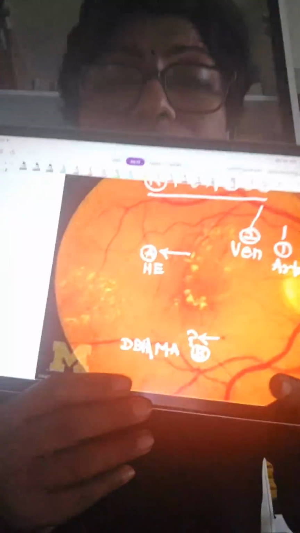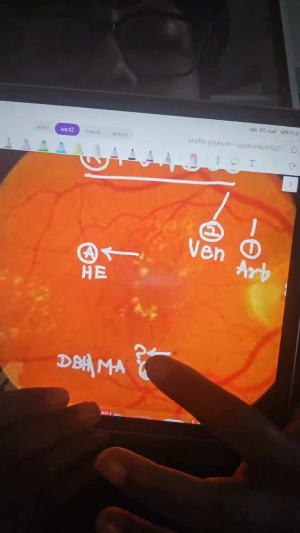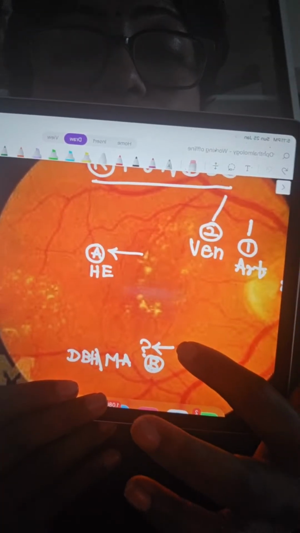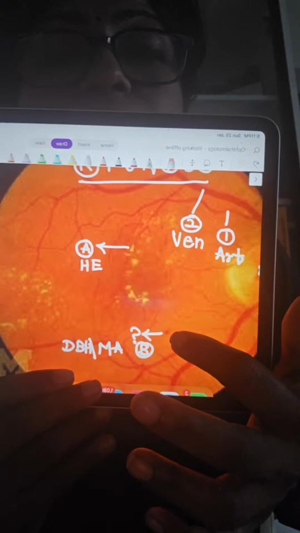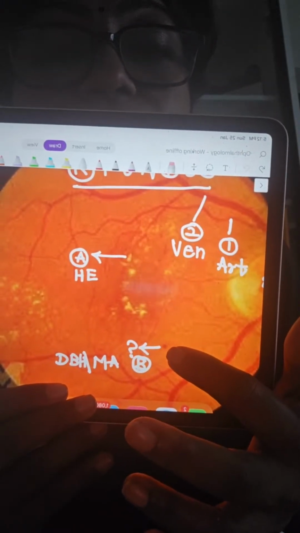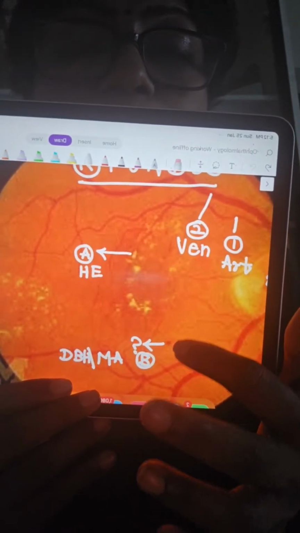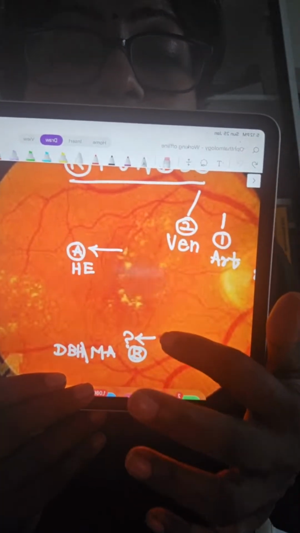So this red spot, where is the red spot? Yeah. If it were a microaneurysm, it will appear hyperfluorescent with the fluorescein dye that we've injected. It will light up, and appear nice white or grayish white.